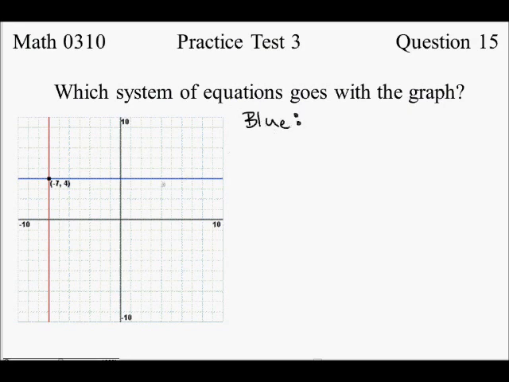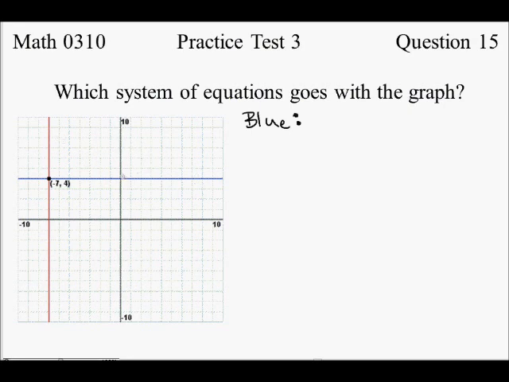Well, we noticed that the blue line is a horizontal line, and these are actually both special cases. Horizontal lines and vertical lines in the plane are special because they're only going to have one variable in their equations. And so when we look at the blue line to figure out which variable is in the equation, we want to ask ourselves, which axis does the blue line cross?